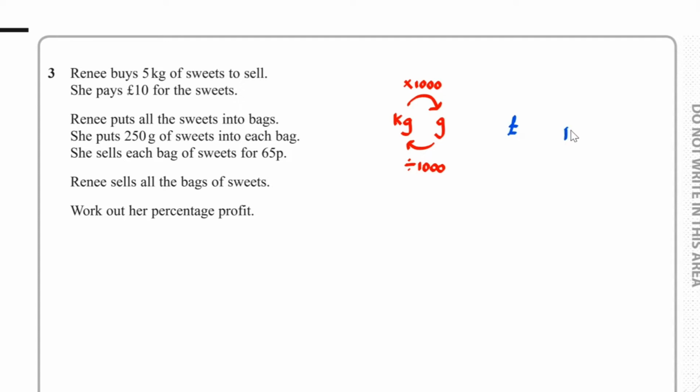From pounds to pence we multiply by 100. From pence to pounds we divide by 100.